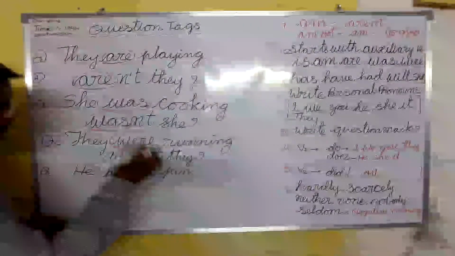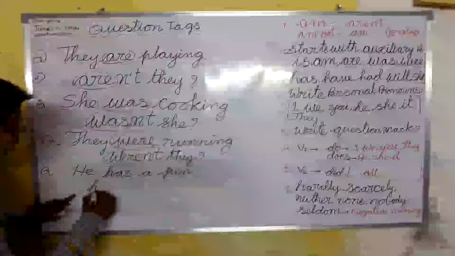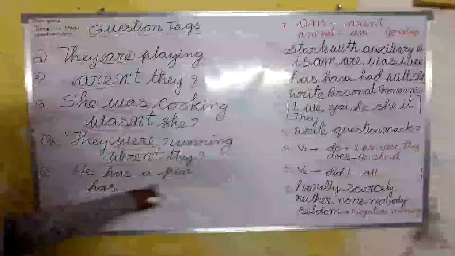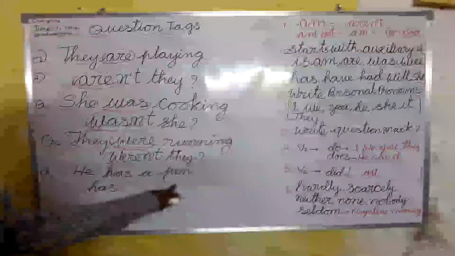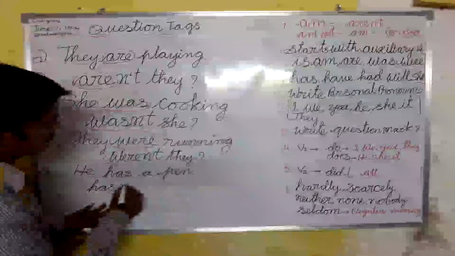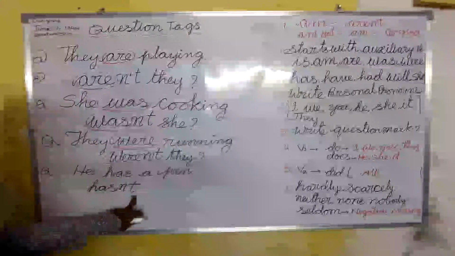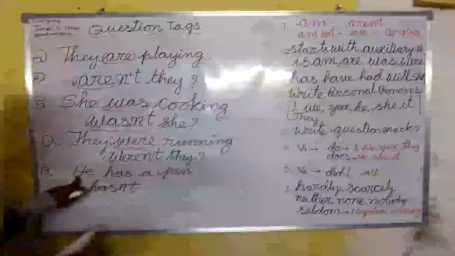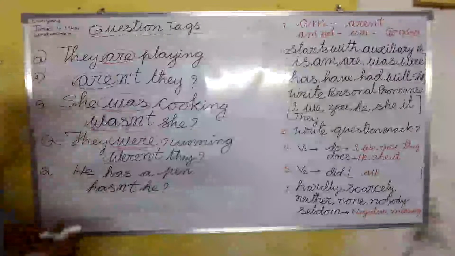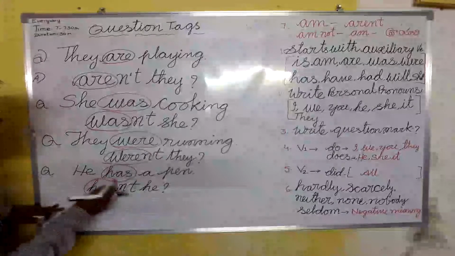So it's a clue for you. So the answer starts with has, obviously. Has should be in a small letter, not a capital letter. Is it positive or negative? He has a pen, it is positive. So in the question tag, it should be negative. Hasn't. Next, the personal pronoun is he: hasn't he? Question mark. So here, the auxiliary verb is has, and the answer also has.